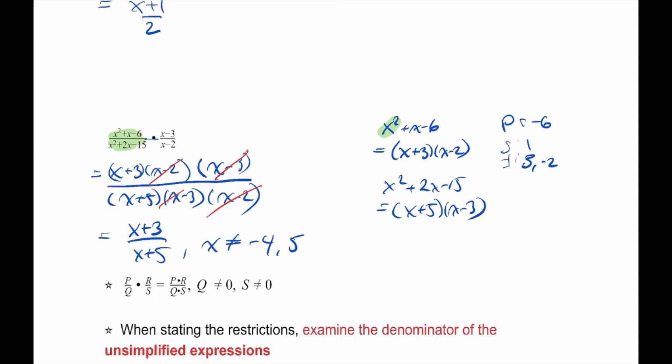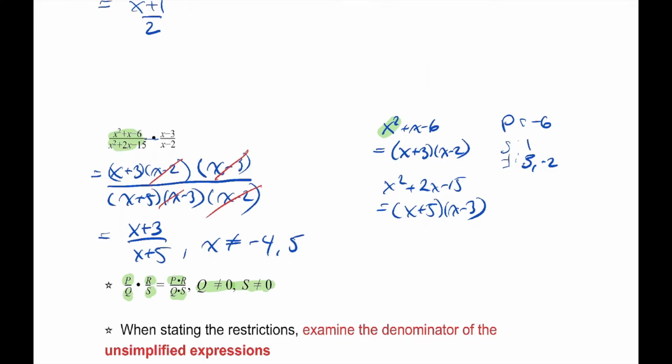So in general, when we have rational expressions, we multiply together. In this case, p over q times r over s, which is really multiplying numerators together, p times r, and multiplying denominators together, q times s. Where restrictions come from is that q cannot be 0 and s cannot be 0.